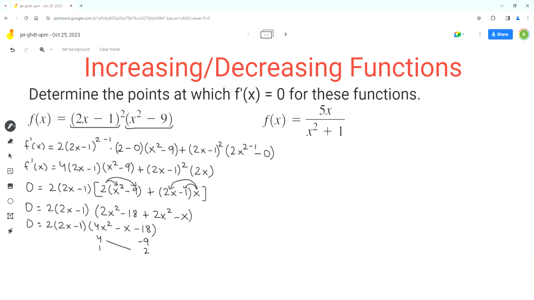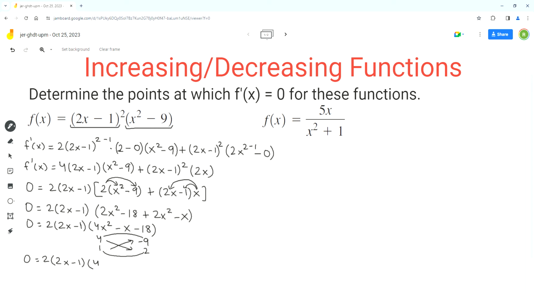If we multiply, 4 times 2 is positive 8. 1 times negative 9 is negative 9. And then negative 9 plus 8 is negative 1. So now we can write the factored form. For the factored form, we'll use the numbers like this. 2x minus 1 will stay as it is.